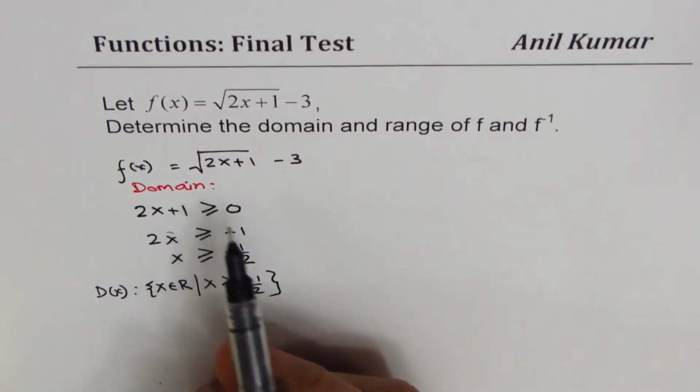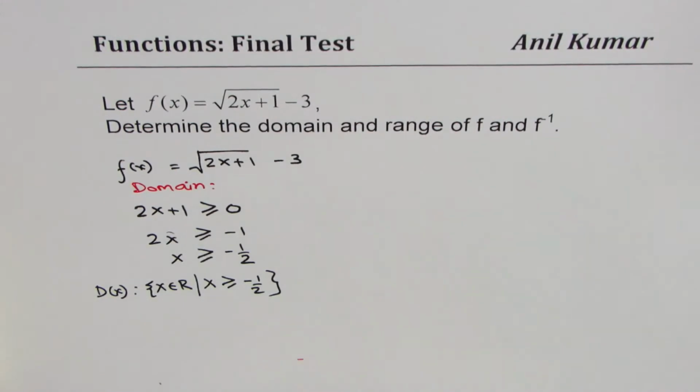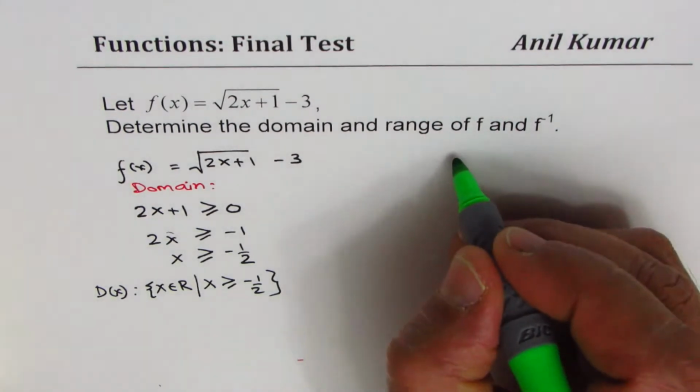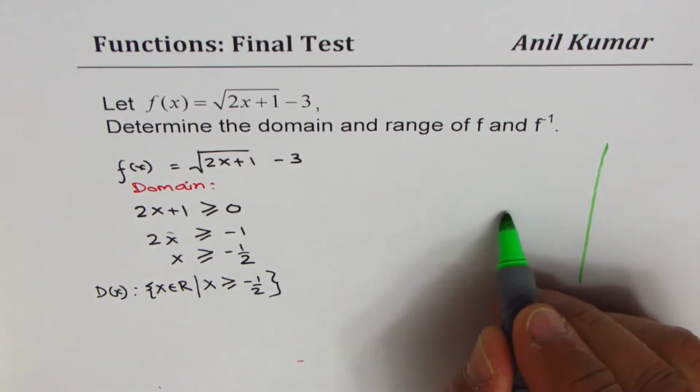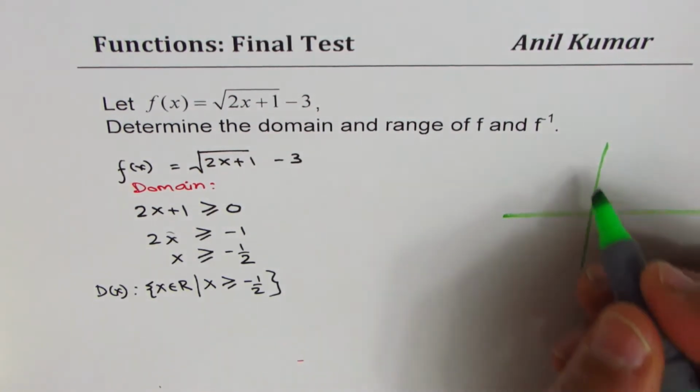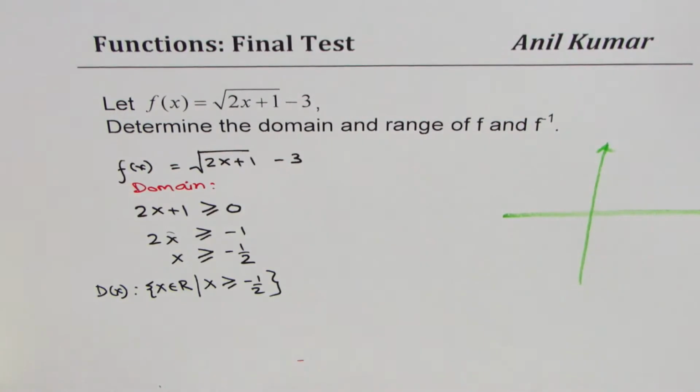Now let's work on the range of this function. For range, we'll calculate a few values and try to sketch it also. Sometimes you may have to sketch the function. This is a video to help you understand the concept, so we can always extend, okay?